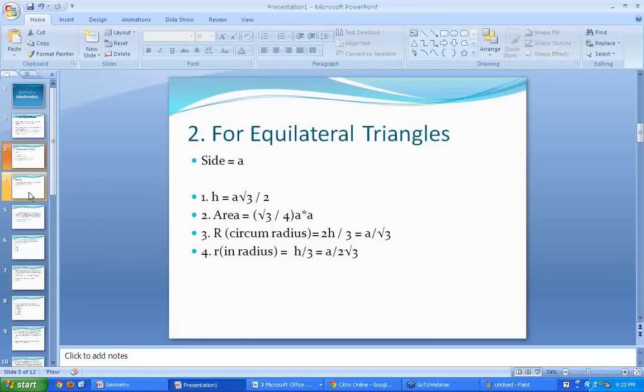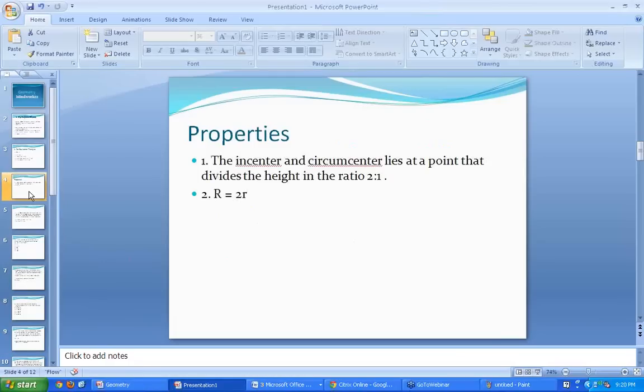Now I'll come to some good questions of CAT and previous year papers. Anyways, there are certain properties also. The in-center and circumcenter. See, I am discussing the equilateral triangle only now. Manmeet is asking always or only in case of equilateral.